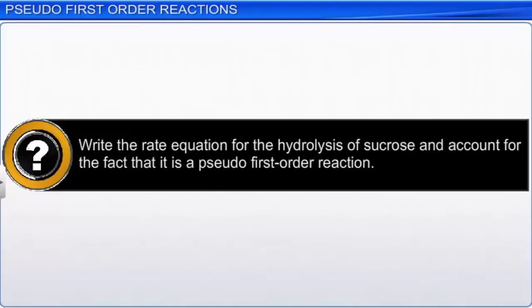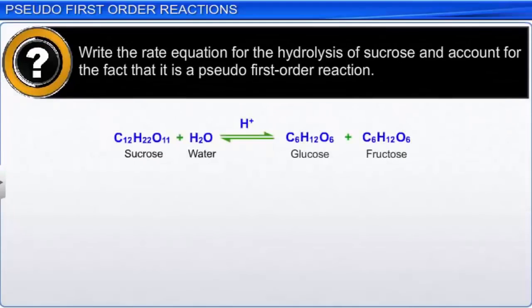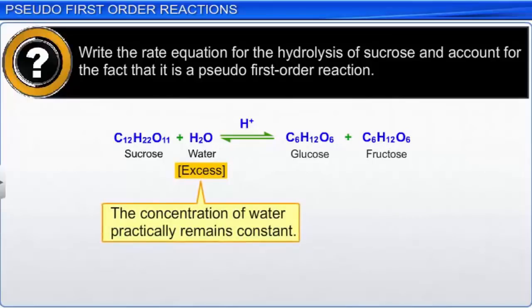and account for the fact that it is a pseudo first-order reaction. You know that sucrose, on hydrolysis in the presence of a dilute mineral acid, gives glucose and fructose. Excess of water is used for the reaction, and hence, the concentration of water practically remains constant.